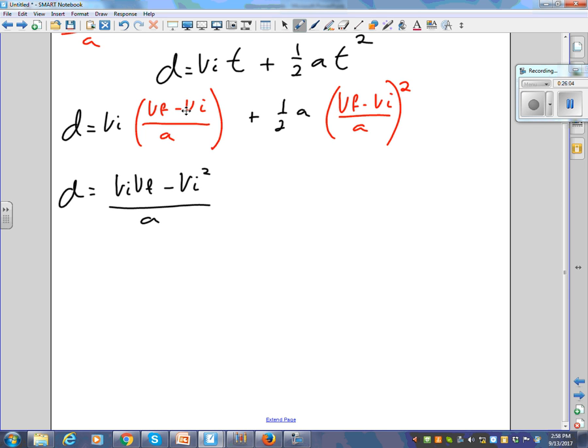Okay? It is, but it's on the bottom, right? So this is like VI over 1, and when you multiply across the tops and across the bottoms, right? Yes. Okay, now, what I'm going to do over here on the right is, I'm going to take that 1/2 times A, and I'm just going to slightly tweak it. I'm going to write it now as A over 2. Is that okay? Yeah. Okay, and then I'm going to do the red part where we do that squaring.